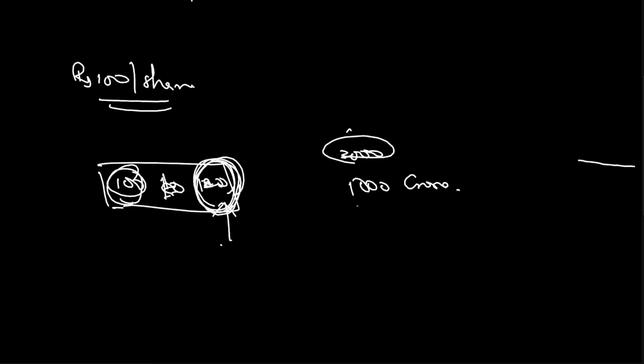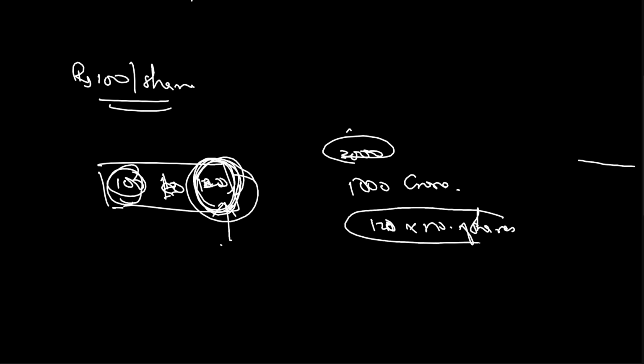Now imagine 120. They will start counting from 120, and imagine enough number of people have already shown interest, so that when they calculate, they are already getting 1000 crores.